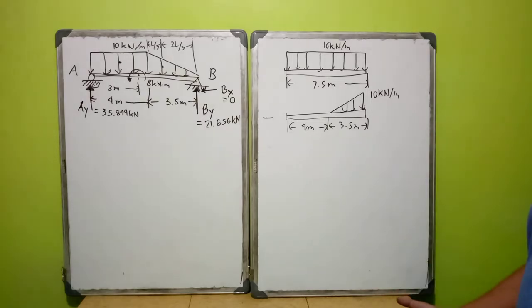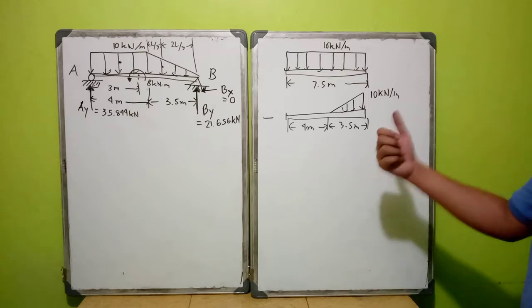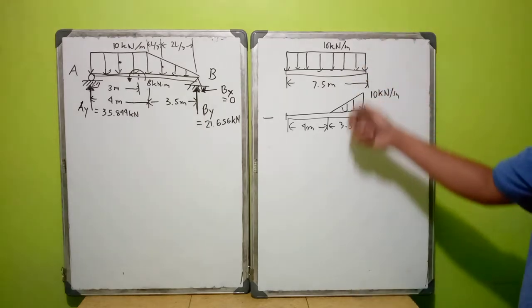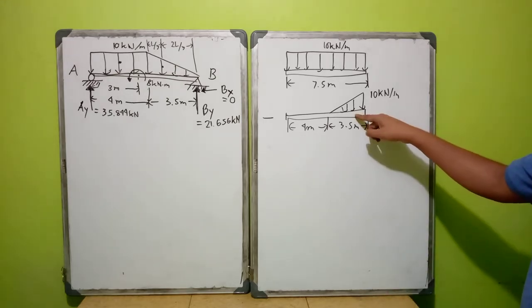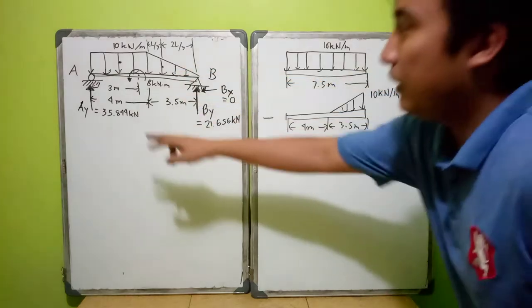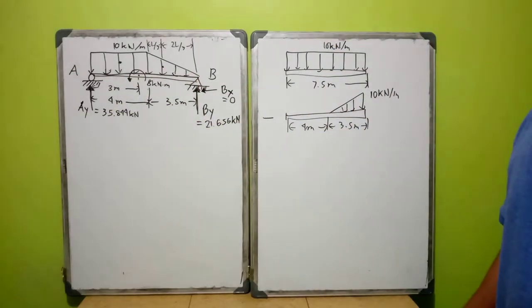So if it is not continuous, you should make it continuous, and then convert it into a sum or difference of two continuous loadings. Just like this, it starts rectangular but ends up triangular, so we cannot easily write its shear and moment equation.